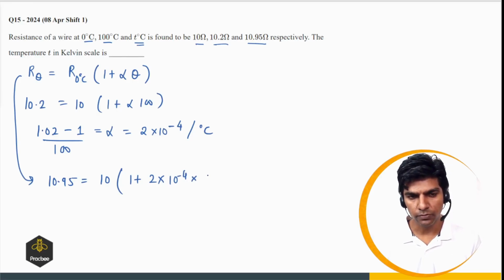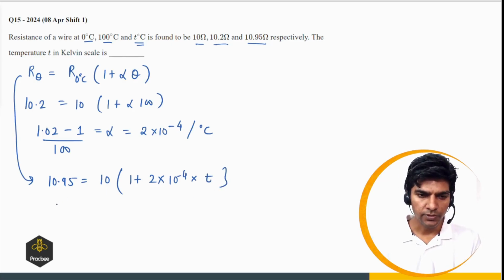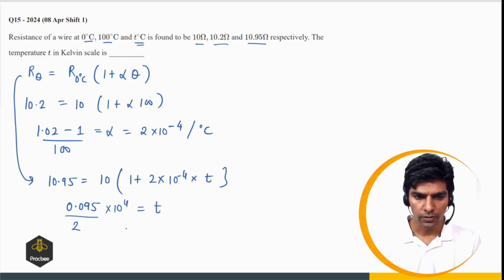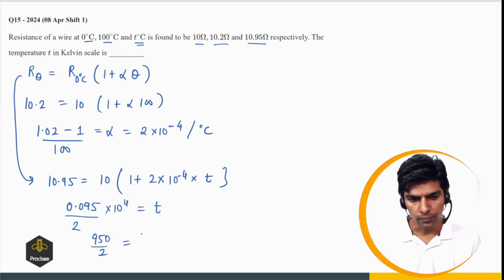So from 0 to T. So that will be T. So this comes out to be 1.095 minus 1. So that will be 0.095 divided by 2 into 10 raised to power minus 4. So this comes out to be 950 by 2, which will be 475 degrees Celsius.